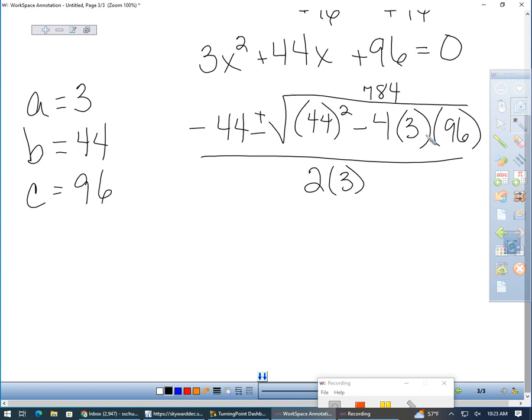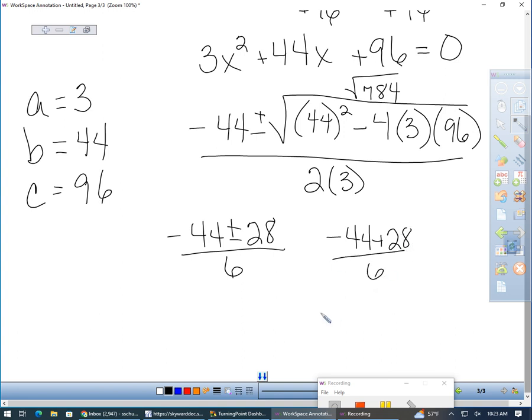All right, so underneath the square root, we got 784, which is 28. Good. So we take the square root of 784, it's 28. So we have negative 44 plus and minus 28 over 6. So we really have negative 44 plus 28 over 6. And we have negative 44 minus 28 over 6.